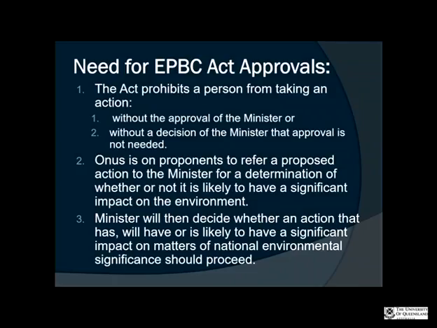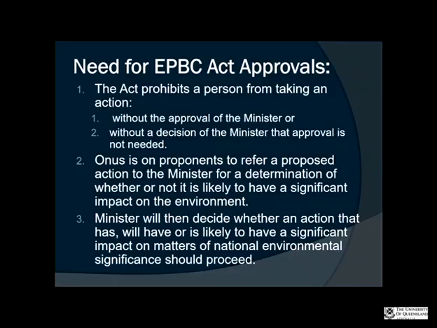Okay, so you're proposing a project, you're still at the desktop study stage. If you think that you may have a significant impact on a matter of national environmental significance, then the obligation is to refer that matter to the Minister, for the Minister to tell you whether or not you are carrying out a controlled action. So the Minister will decide, will it have a significant impact on matters of national environmental significance?